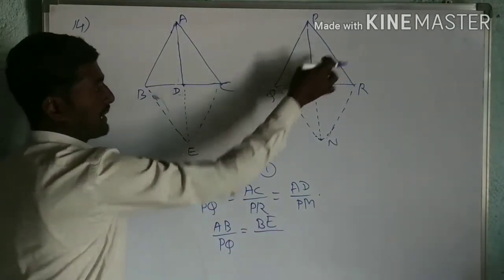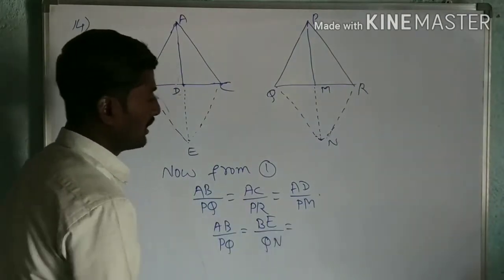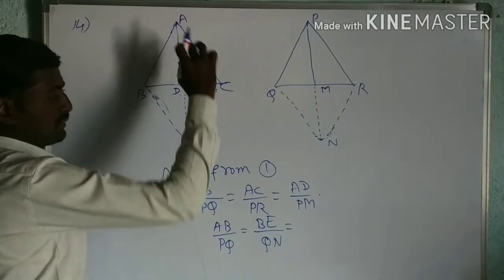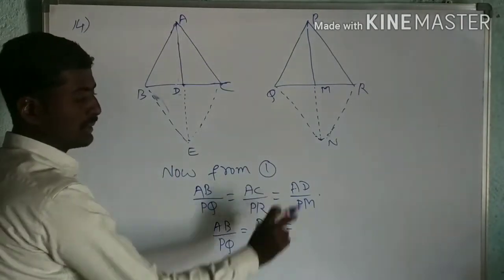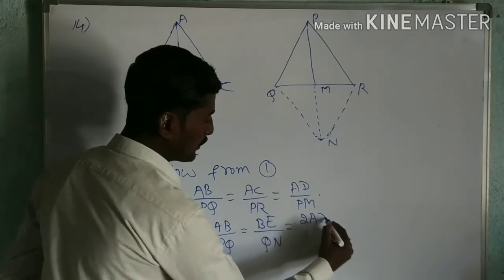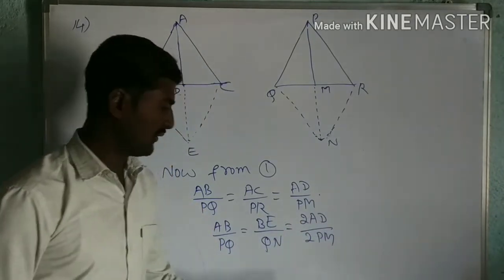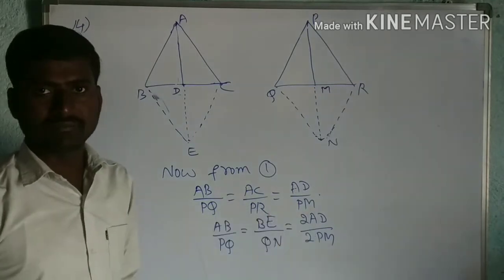So in place of PR what can I write? QN is equal to. Now here AD. So I multiply numerator and denominator by 2. 2AD, 2PM. Can I write? No change at all. If you cancel these two, again I will get the same.